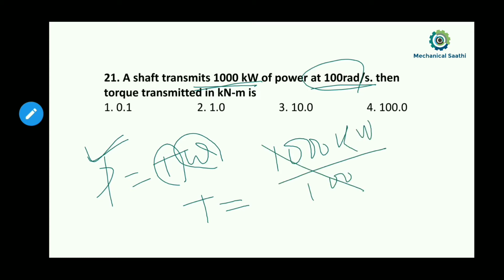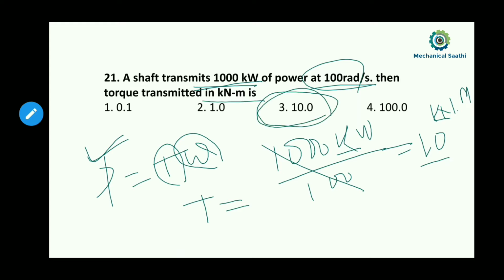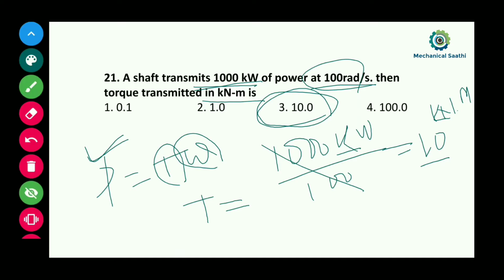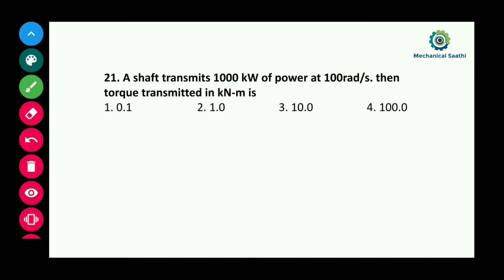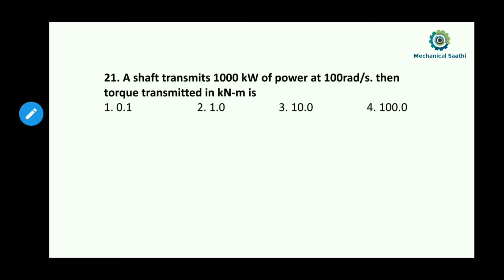That will give me 10, and it is in terms of kilo, so it will be kilonewton meter. It is as simple as that. We simply put the formula and get our answer: 10 kilonewton meter. So option 3 will be the correct answer for this question.